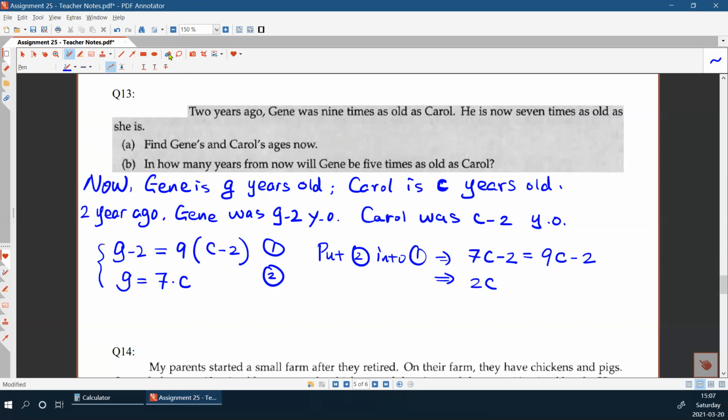Sorry, this is 9C minus 18. So that means 2C equals 16, right? Then we can solve C is 8. So that means Carol's current age is 8.